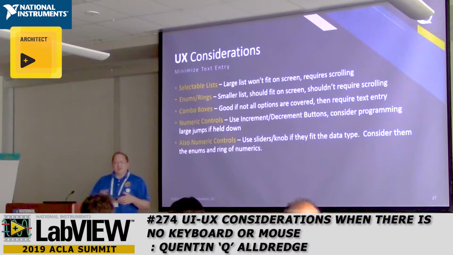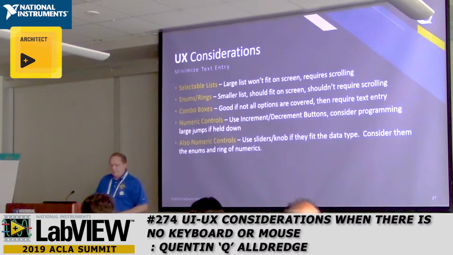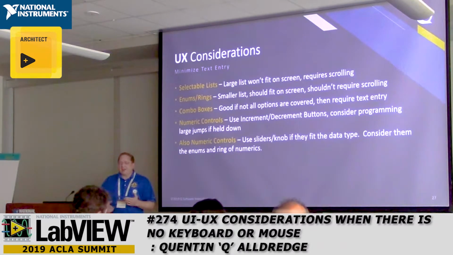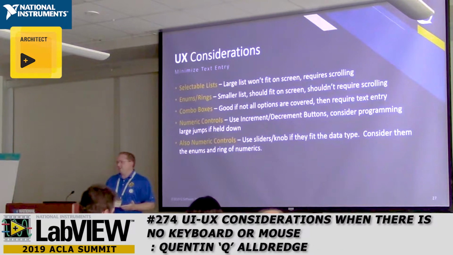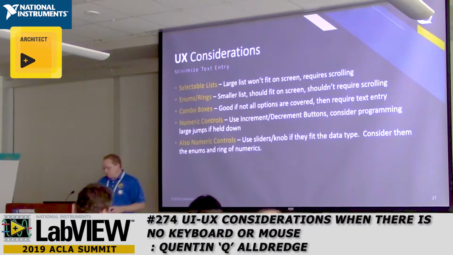And nowadays, they don't have you do that. They have a selectable list and you scroll through and just select the state. And that's just minimizing the text entry. You can do that with combo boxes, numeric controls with the increment and decrement buttons. Maybe that makes sense depending on what use case you need that control for.